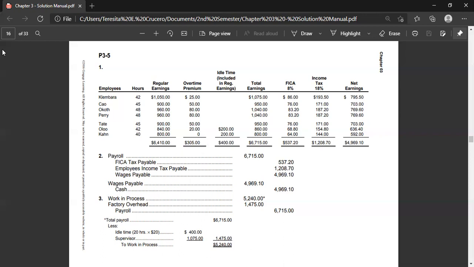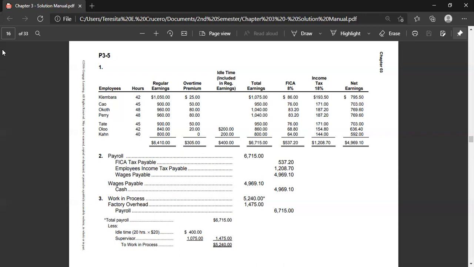We are using 3-5, but we will continue with 3-6. So the entry requirement number 2, the journal entries: debit payroll 6,715, credit the income tax and the FICA tax. So the net amount is the net earnings, then we pay.